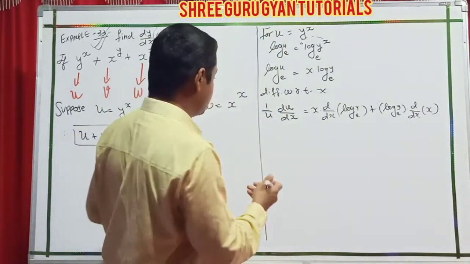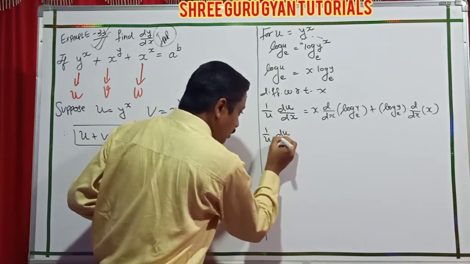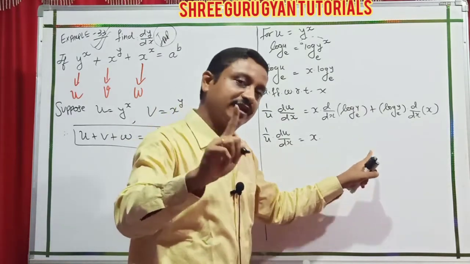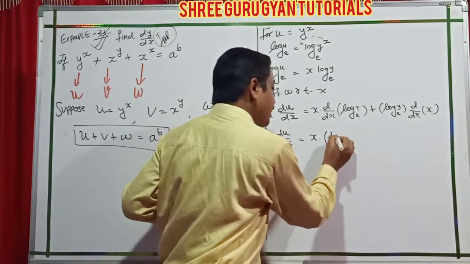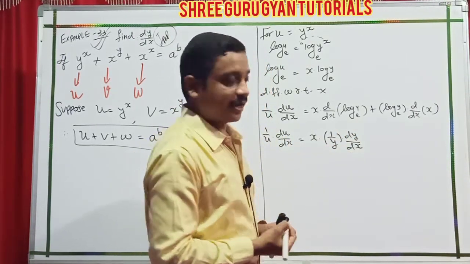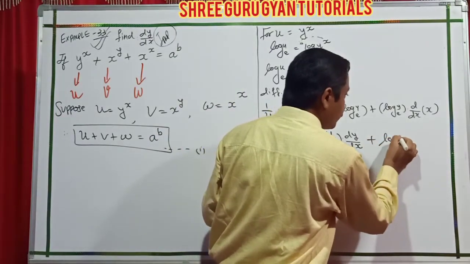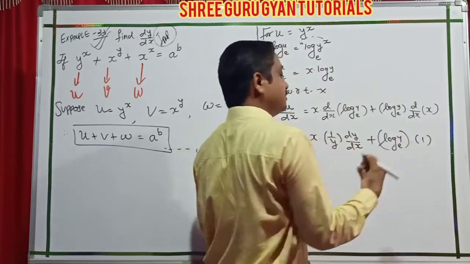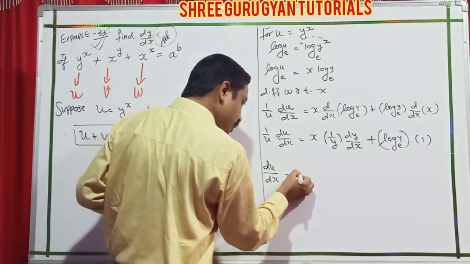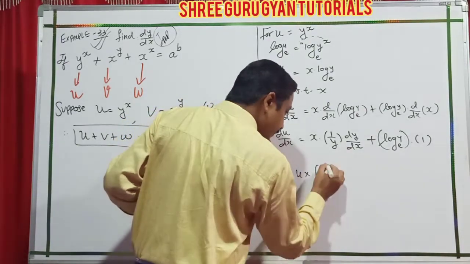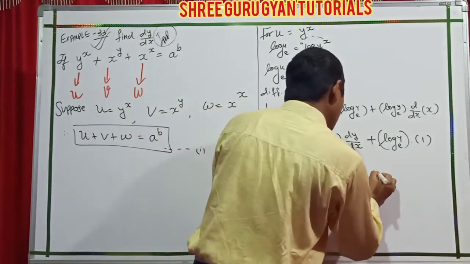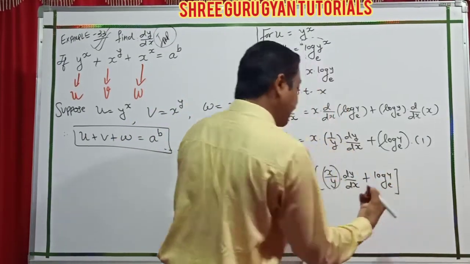So finally, students, here 1 by u du by dx, I get the value. First the log derivative, after that the y derivative. The log derivative is 1 by y, and y is dy by dx. And on this side log y, the same. What is the x derivative with respect to x? It is 1. So you get the value du by dx, u into x by y into dy by dx plus log y to the base e as it is.